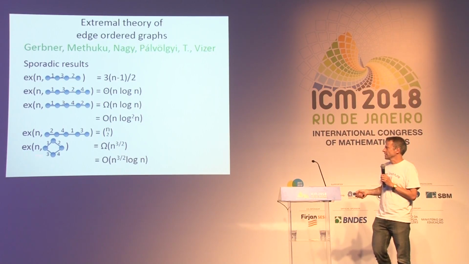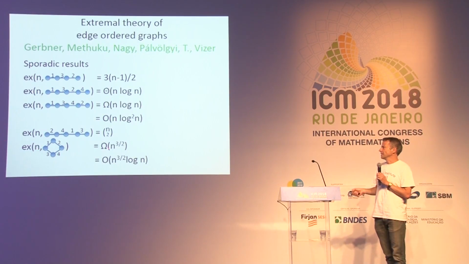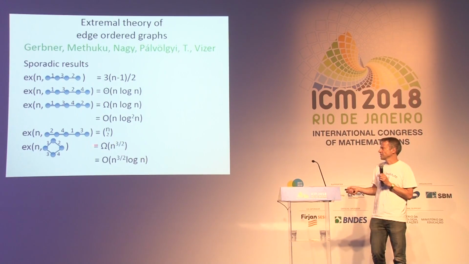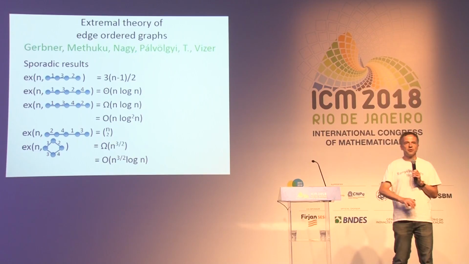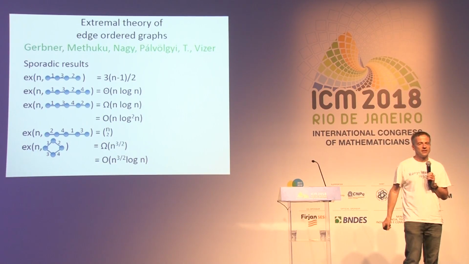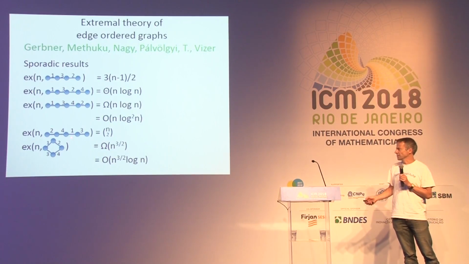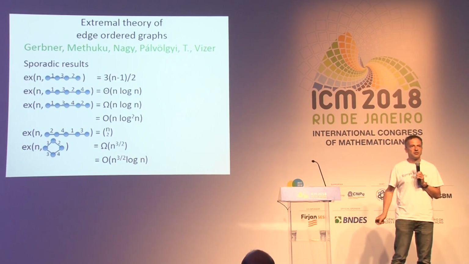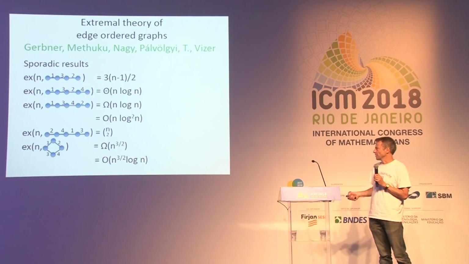This is about a 4-cycle. For this particular 4-cycle we have a lower bound for the extremal function, which is n to the 3/2. That should not surprise anybody, because if you forbid all 4-cycles without caring about the edge ordering, then you also get n to the 3/2. So you have a 4-cycle-free graph, you put any edge order on the edges, and that's an example that shows this lower bound.